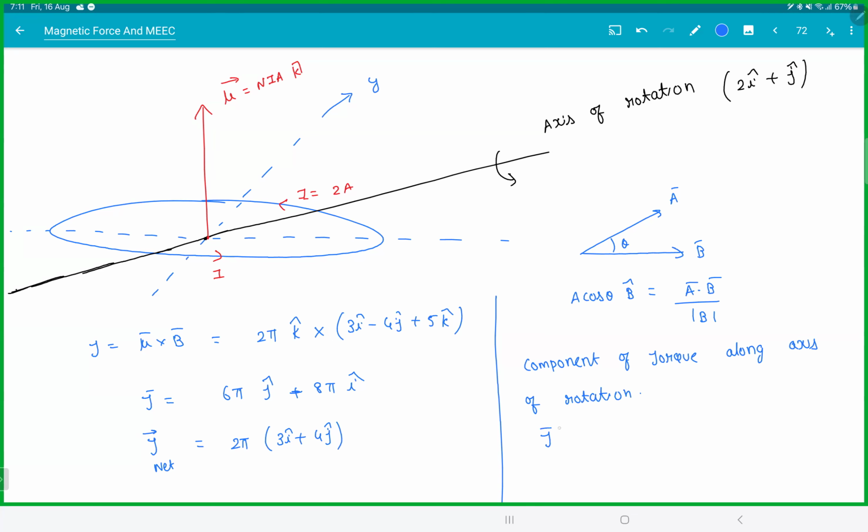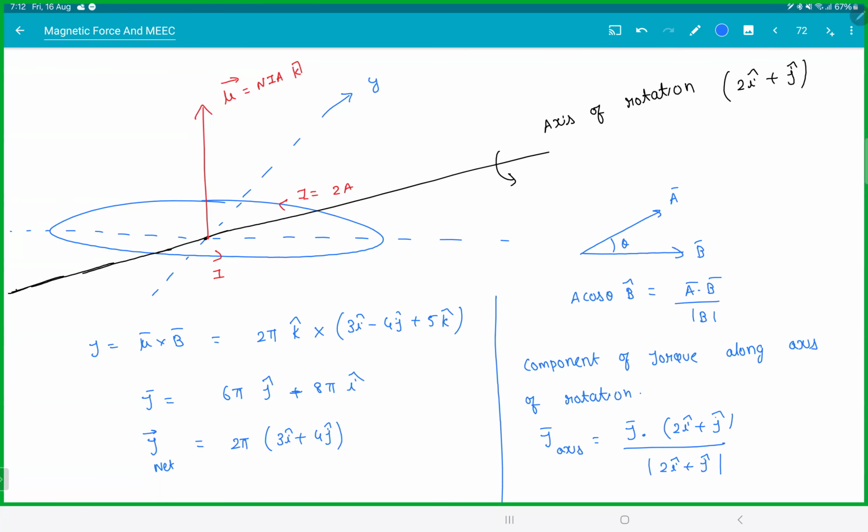So the torque about the axis of rotation would be torque dot the axis of rotation, which is 2y plus j by mod of 2y plus j. Is that making sense, everyone? The system is trying to rotate about 3i plus 4j, but since you restricted it to rotate about 2y plus j, only a component of torque will make it rotate. The other component will become perpendicular, isn't it?